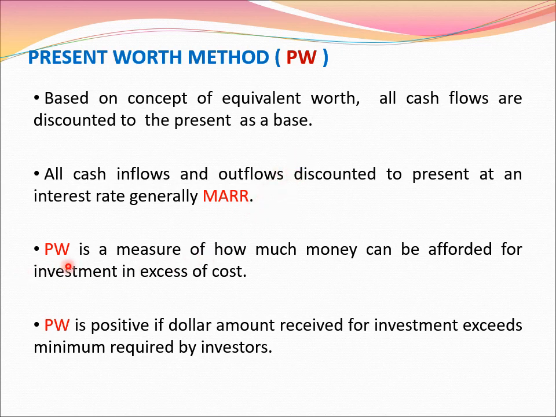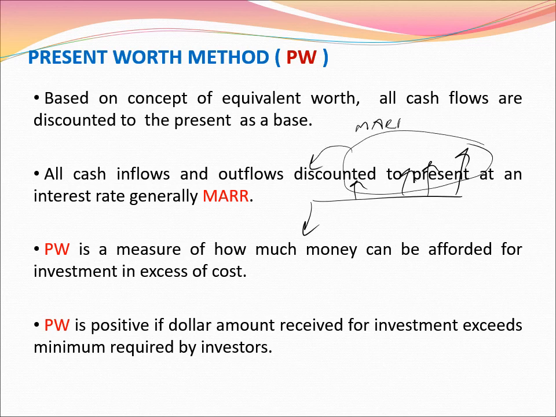So this present worth measures how much money can be afforded for investment in excess of cost. The idea here will be this. So what we are going to do, we have such a business, we have initial investment and earnings, we find the present worth of all these earnings using MARR as the interest rate. This is already at time 0, and we will find the net value at time 0.